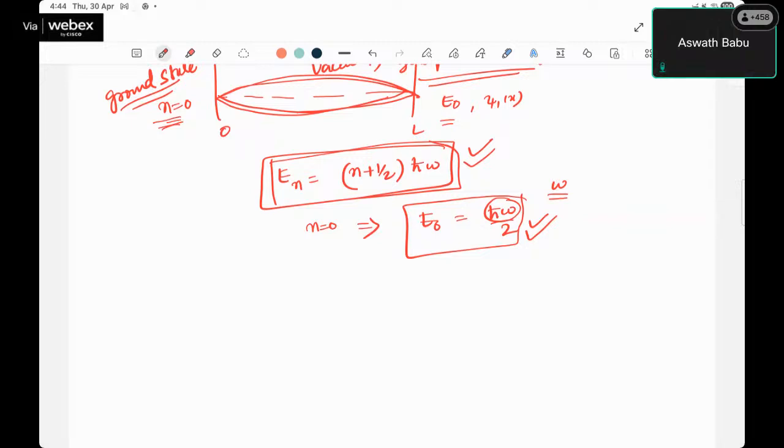So in quantum systems, if the incoming energy is something less than this disturbance, half a photon, h omega by 2 value, then your signal will be lost in this noise.